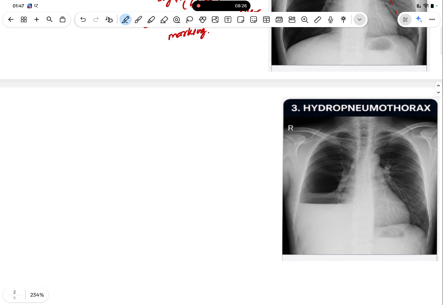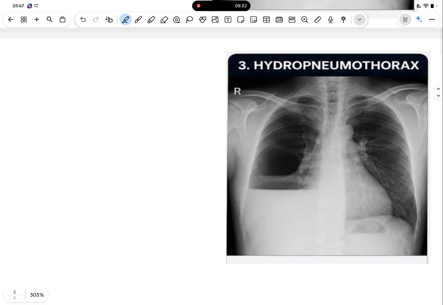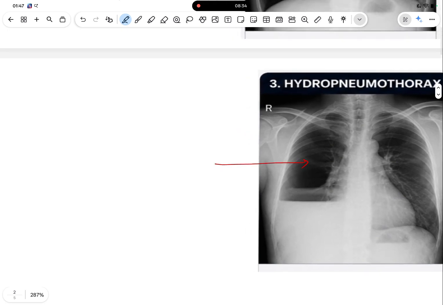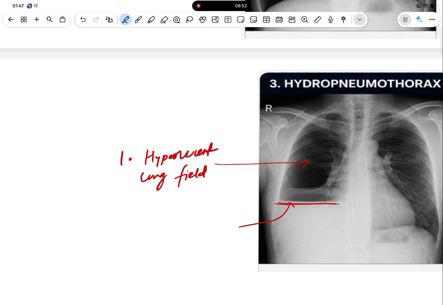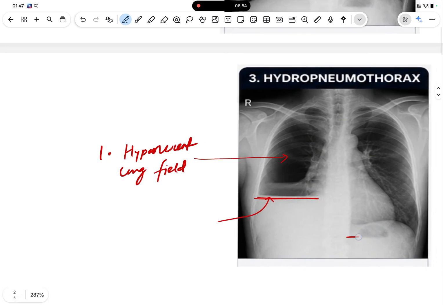The third X-ray we are going to is hydropneumothorax. Pneumothorax is common, right? There is a hyperlucent lung field. That's the number one point. The second thing is that this marking is quite above the normal left lung, since there is a clear-cut marking.